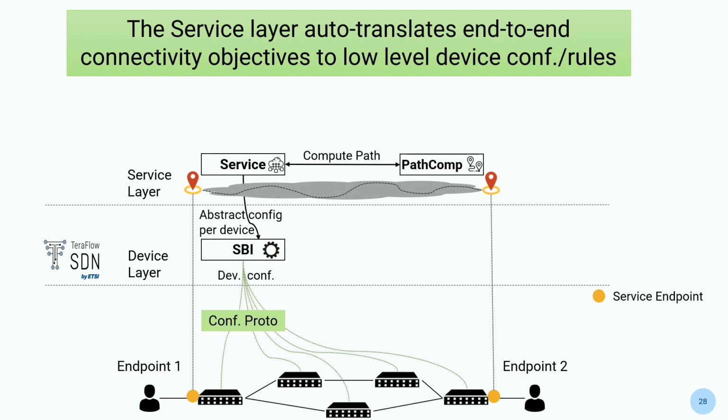At the same time, to achieve this objective, the service component itself auto-translates this intent into a set of rules that it propagates to the SBI component without the user knowing about it, so that the SBI can talk to the intermediate devices and send the correct rules so that the path can actually be established.